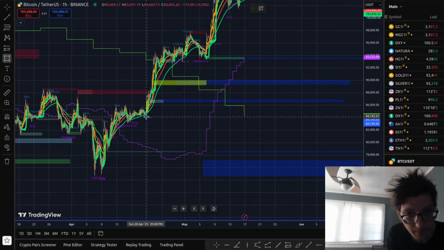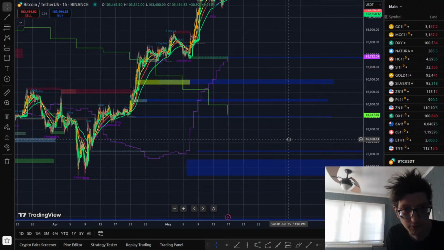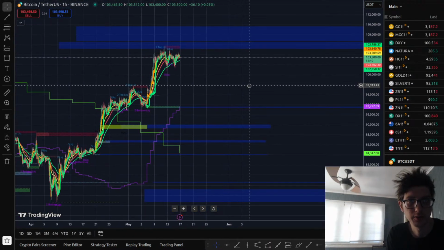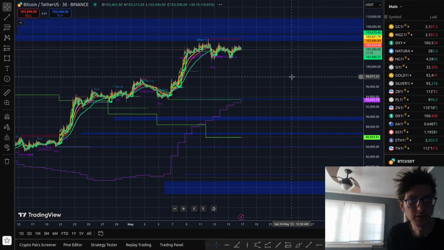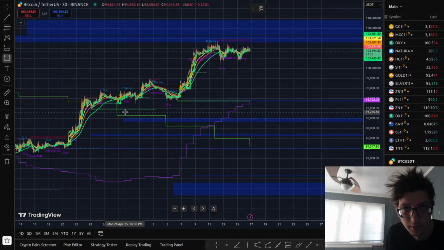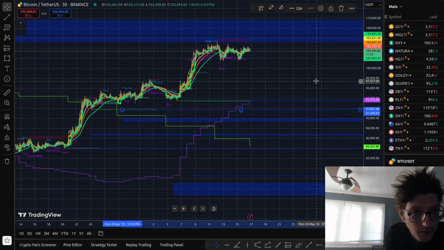But as far as what a fair value gap is, you can go ahead and do your own research and learn about ICT trading if you want. You can do that on your own. I'm just going to keep drawing these lines out here.